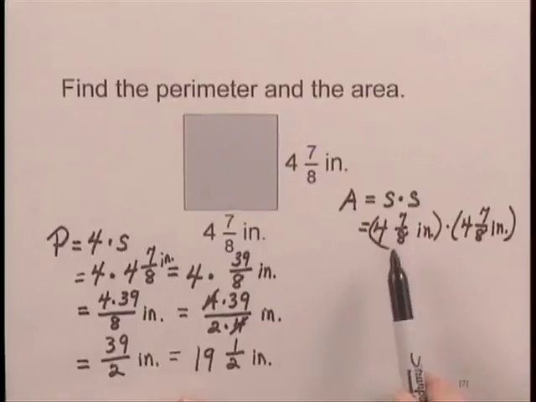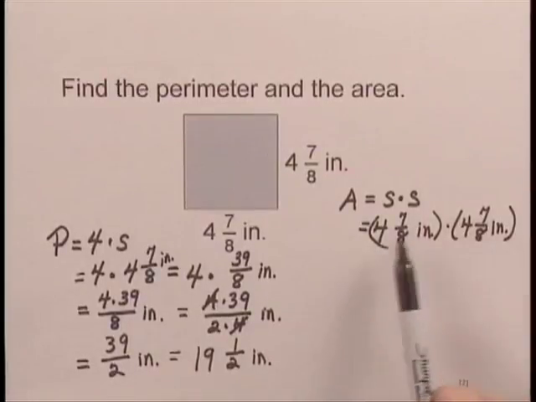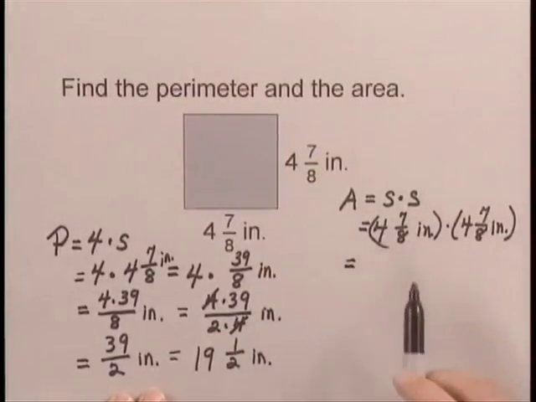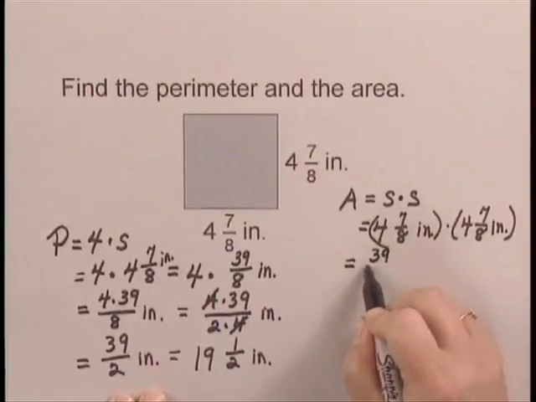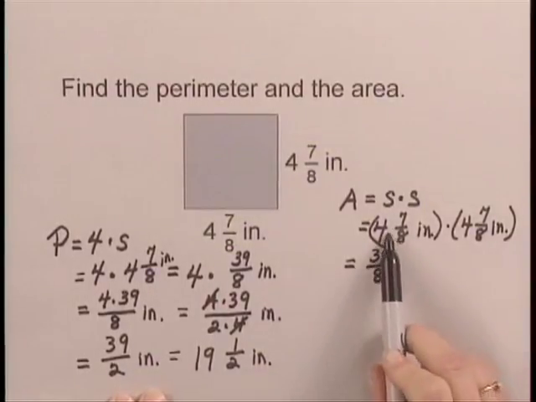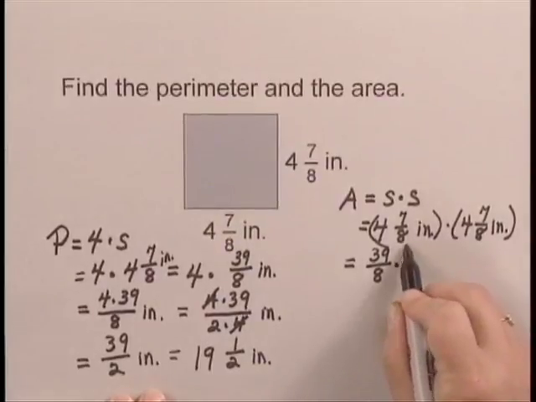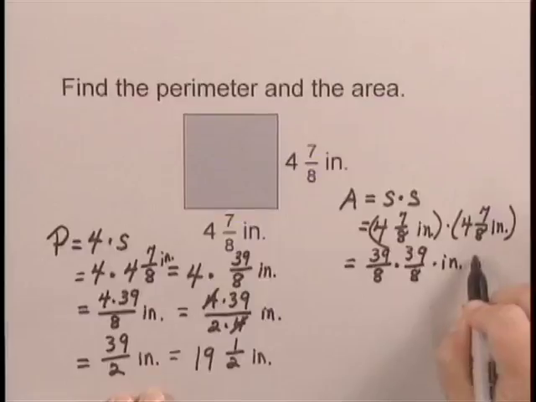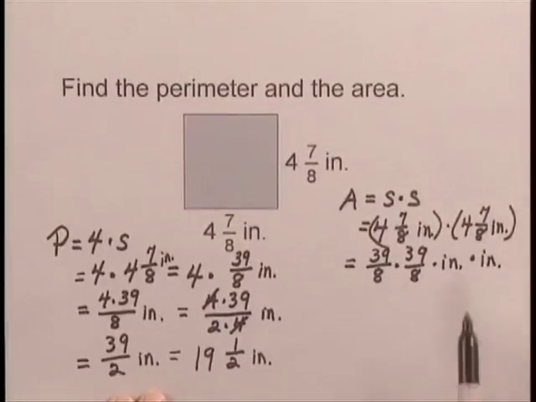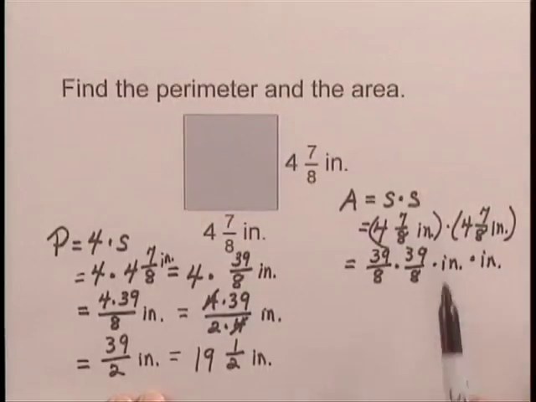Now, since I'm going to be multiplying these numbers eventually, I will write these the next time as fraction notation. I'm going to write 4 7/8 as 39/8. And I'm going to write this times this, 39/8 times 39/8, times inches times inches. So I have inches times inches.